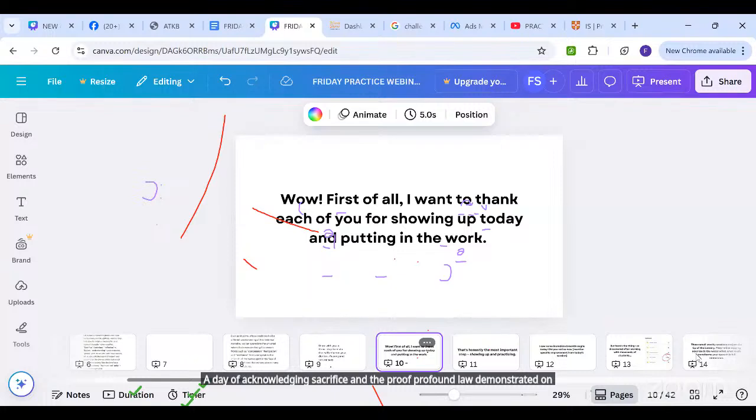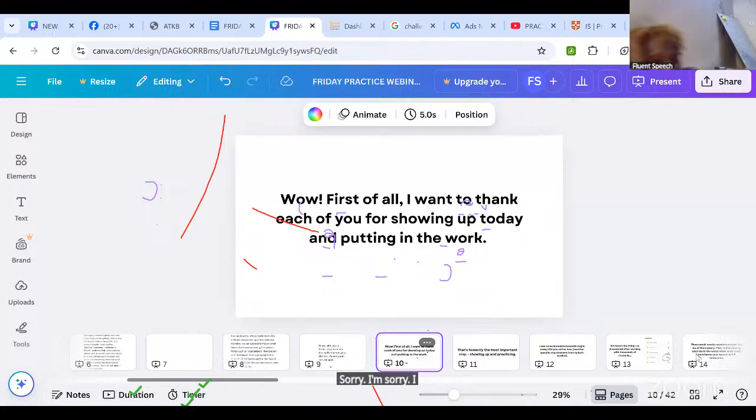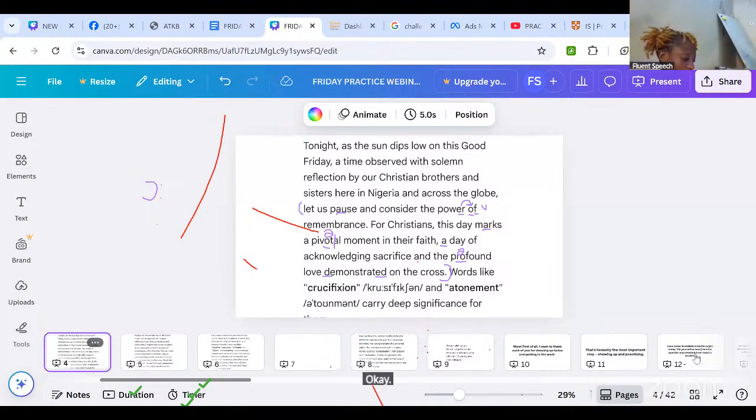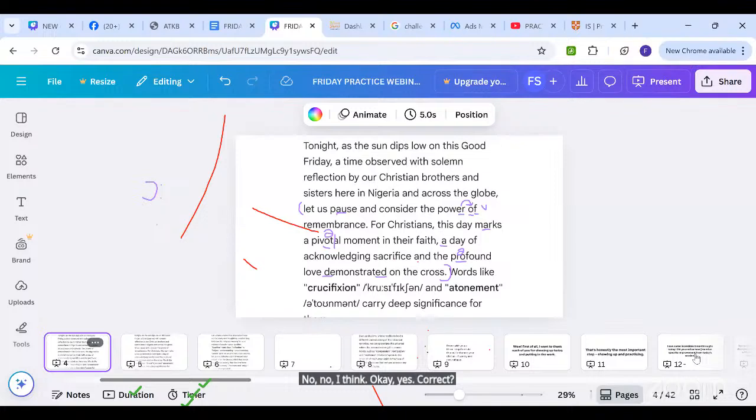Sorry. I'm sorry. I have it now. Can I read over again? Yes, ma'am. Let us pause and consider the power of remembrance.